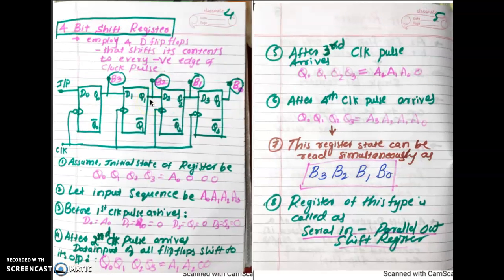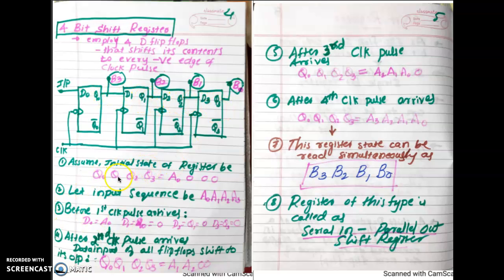To understand its working, we first assume the initial state of the register, which is nothing but the outputs of each flip-flop: Q0, Q1, Q2, Q3.